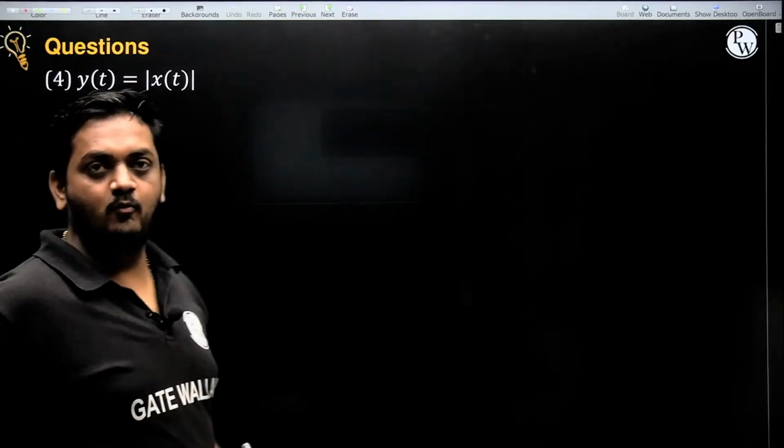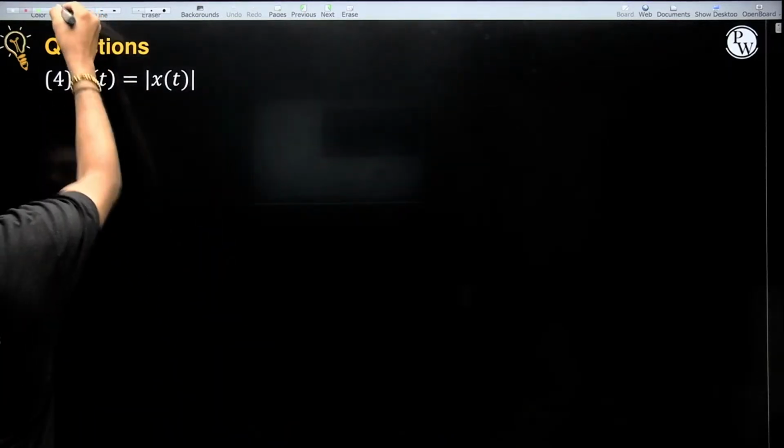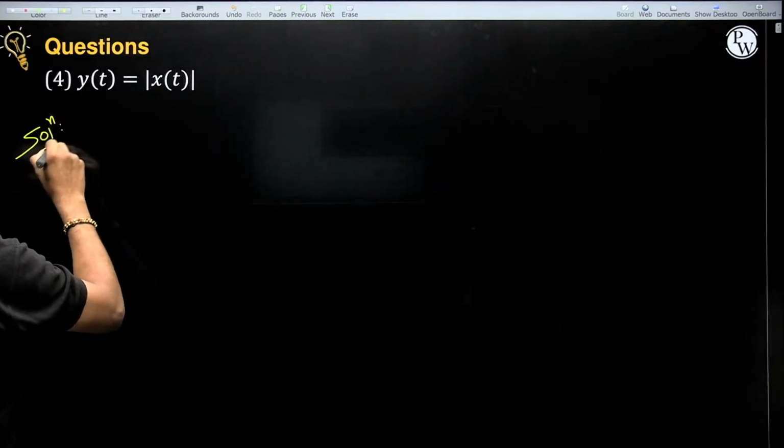Y of t equal to mod x of t. Non-linear? Very good. Yes, Nikhil, you are right. The answer is non-linear because mod of x of t.